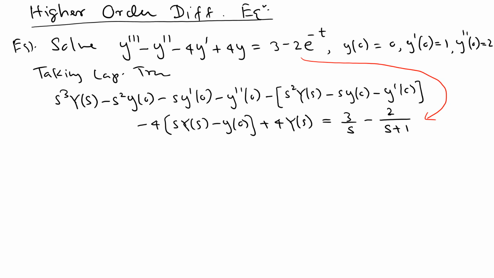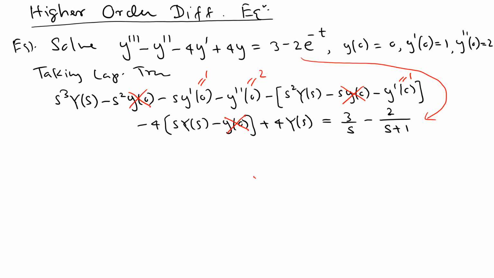Good. Now we can substitute the values that we have. y(0) equals 0, so this is gone, and these terms are gone because it's 0. And then we have y prime(0), which is 1, and y double prime(0), which is 2. Okay, so let's plug in and simplify.